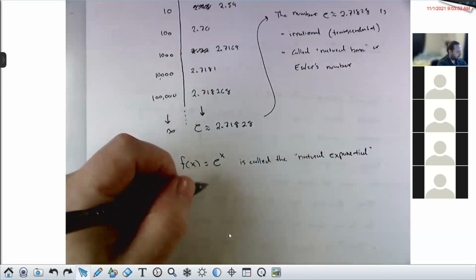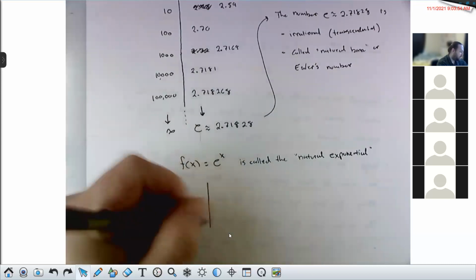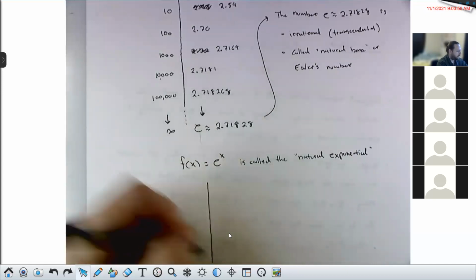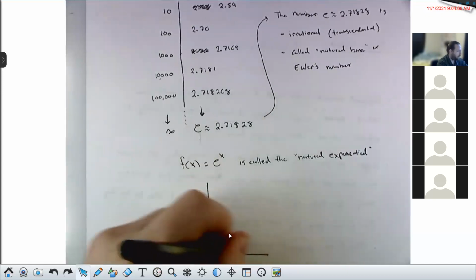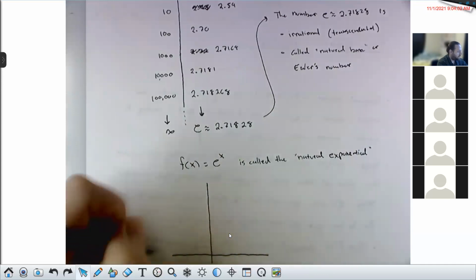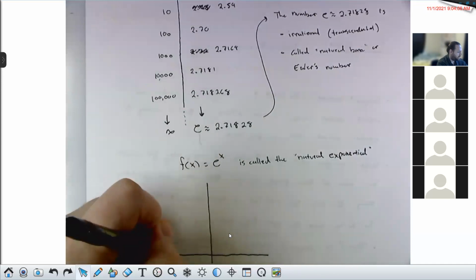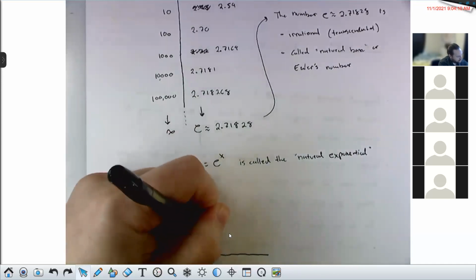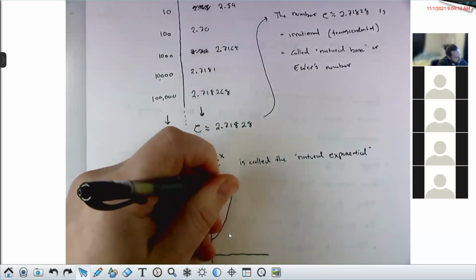The graph of this function. Since e is bigger than 1, this is going to be a growing exponential. So it has the horizontal asymptote over here on the left. And it looks like every other growing exponential.